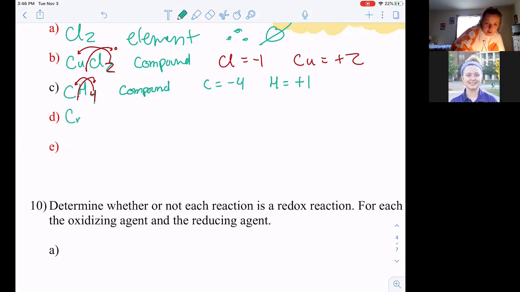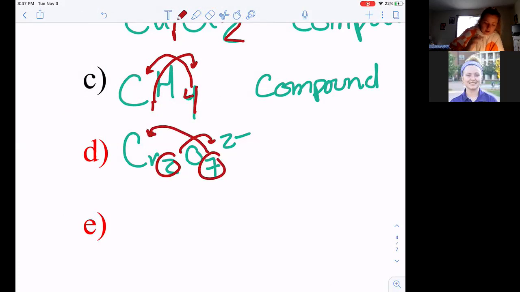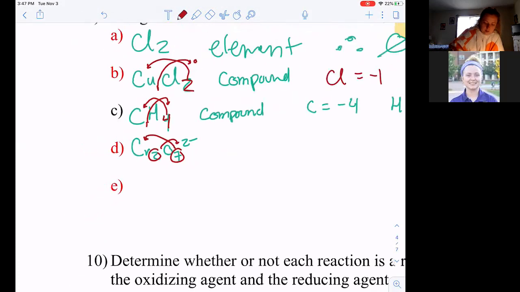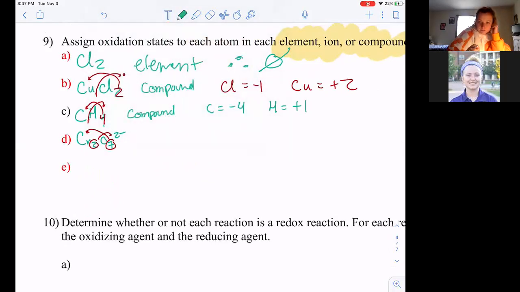So then you have Cr2O7 2 minus. You can think like, this 2 belongs to the chromium and the 7 belongs to the oxygen.